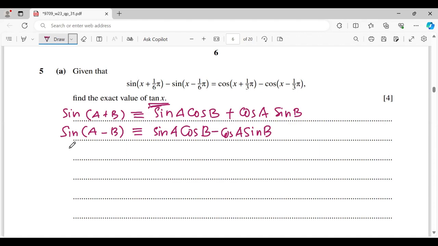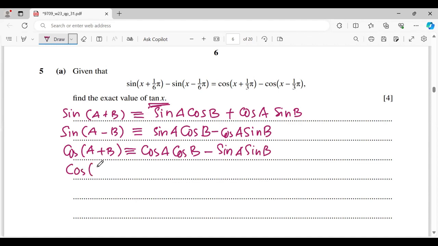And cosine of a plus b is equivalent to cosine a cosine b minus, not plus, minus sine a sine b.